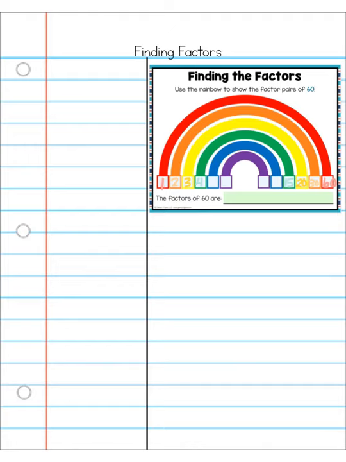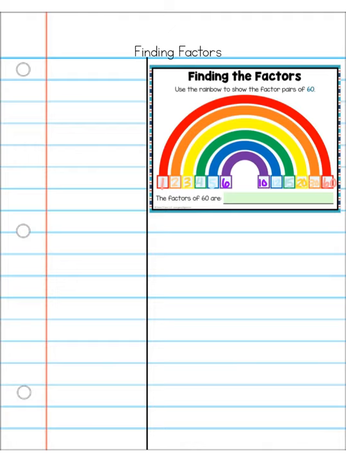And 60 ends in 0, so it can also be divided by 5. And it would be 5 times 12. And 60 can also be divided by 6, and it would be 6 times 10.